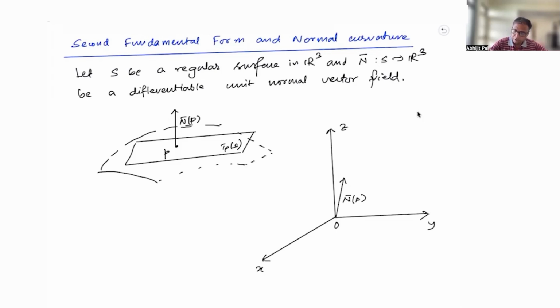So therefore, I have a map from this P to this unit vector N bar P starting at the origin. So I have a map from this surface S to S2. This is my unit sphere S2.